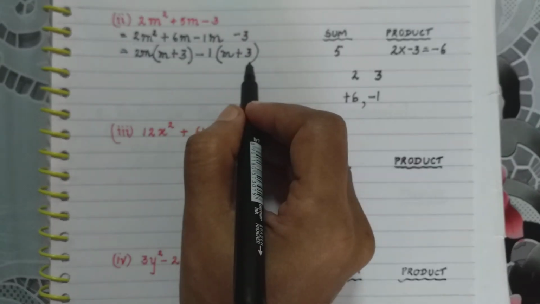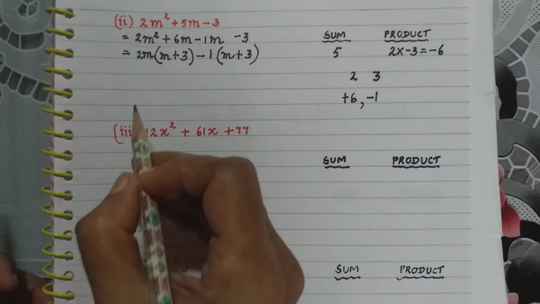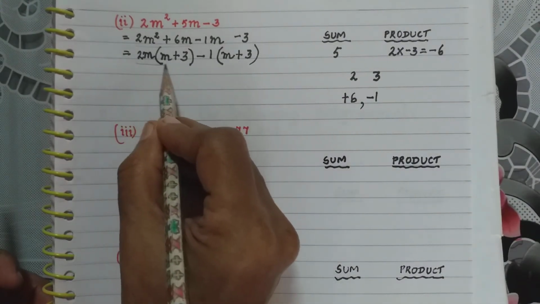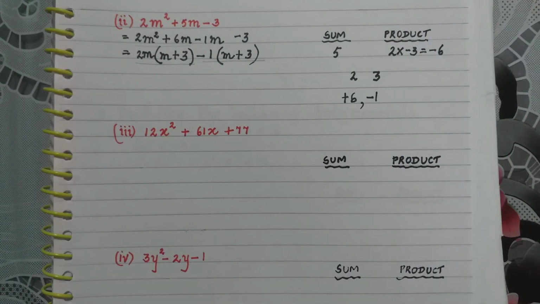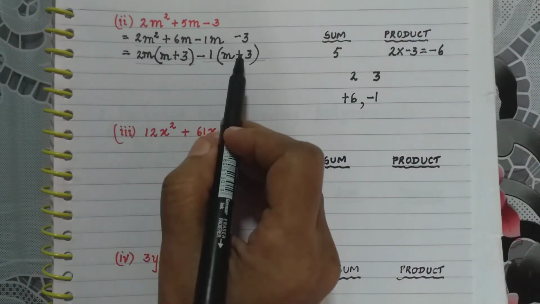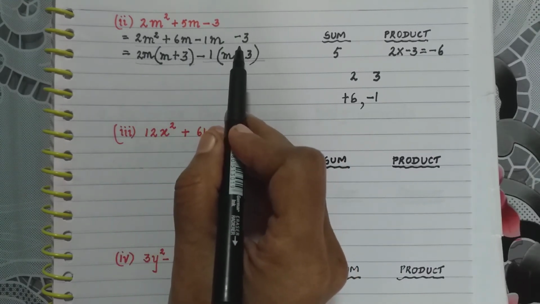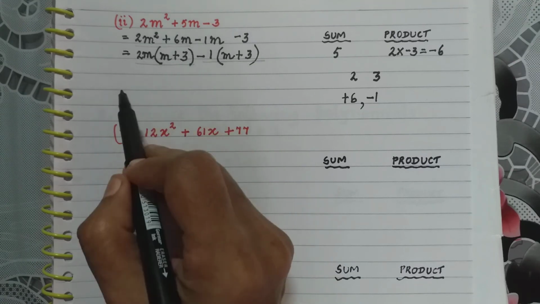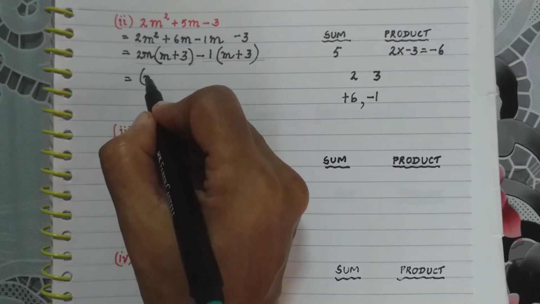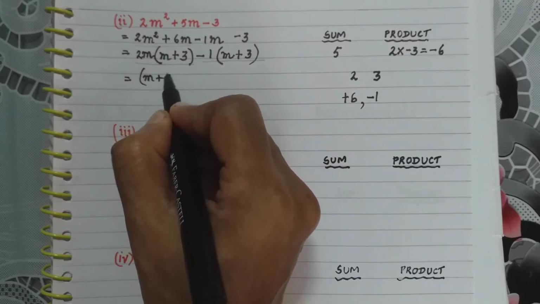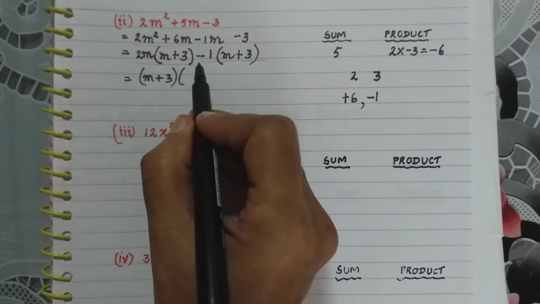Now what do we see? There are two terms here. Which two terms? 2m into m plus 3 and minus 1 into m plus 3. Among these two terms, do we see m plus 3 common in both? Yes. So m plus 3 will be common out. So that will be m plus 3, and in the other bracket we will have what is outside.